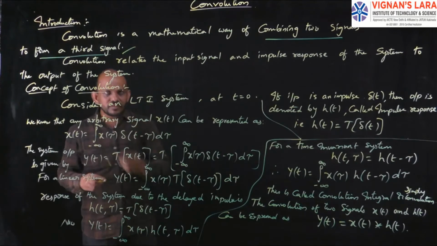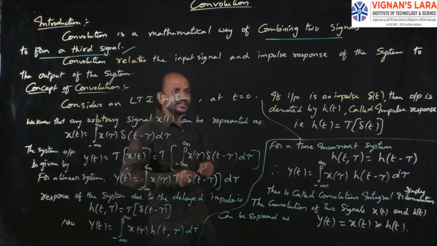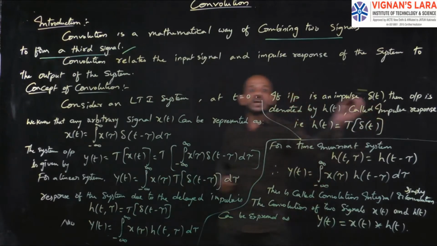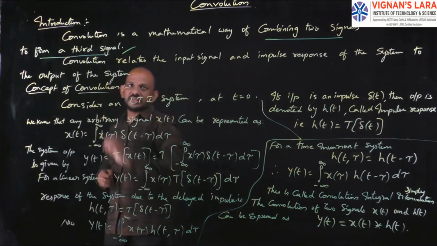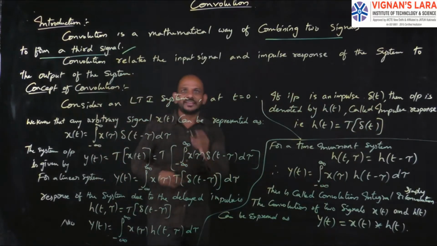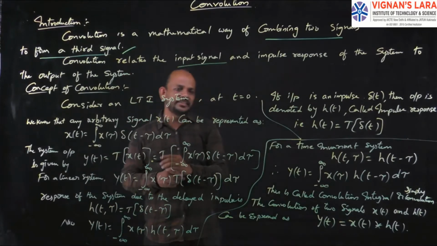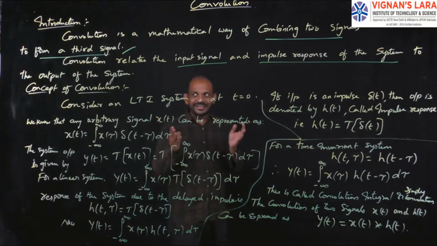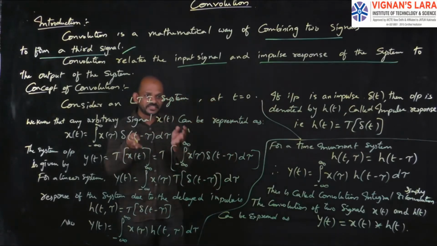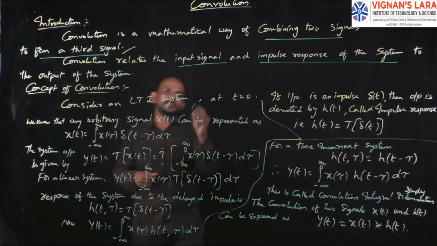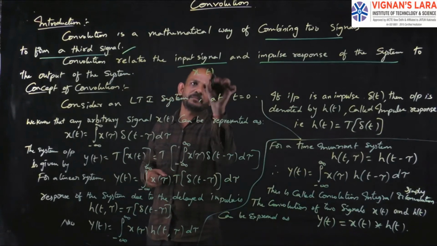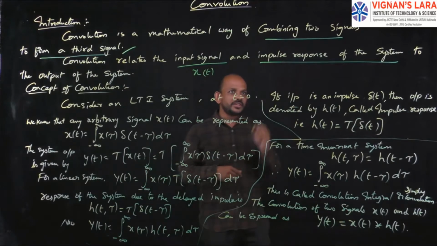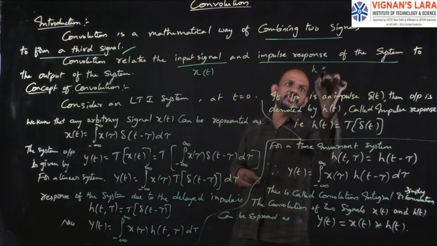Here the convolution relates the input signal and the impulse response of the system to the output of the system. The input signal is generally represented as x of t, and the impulse response of the system is represented as h of t.